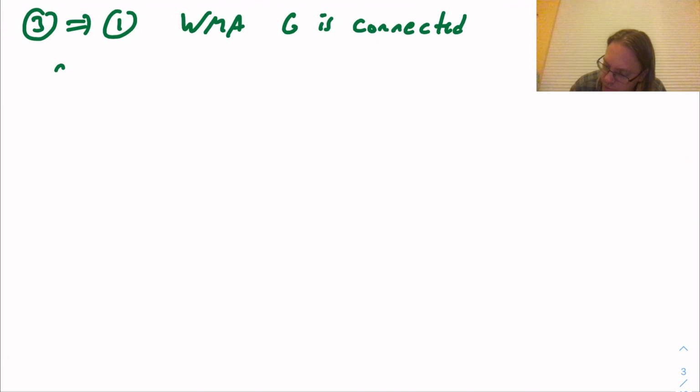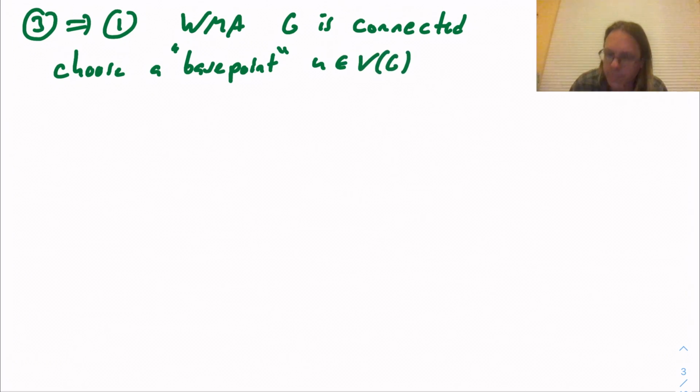So I'm going to choose a base point. I'll just put this in quotes, because this is a thing you see in a lot of other places in mathematics, in topology or algebra somewhere, where you need to ground yourself by putting something down, and lots of times we call that a base point.